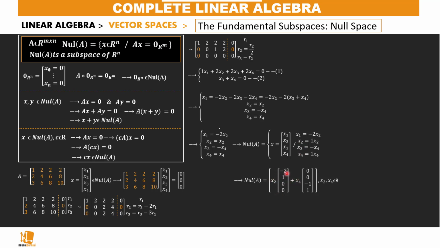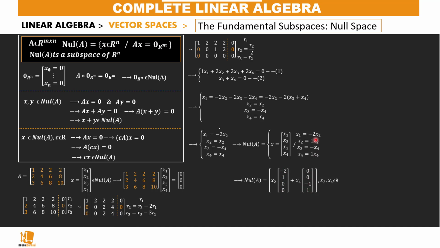Now, the vector we're going to attach to x2 is this vector, (-2, 1, 0, 0). That's because on the first we have a -2 attached to x2, and here 1 to x2. For the next two, we have no x2, so we can suppose that a 0 is attached to x2 here and a 0 attached to x2 here.